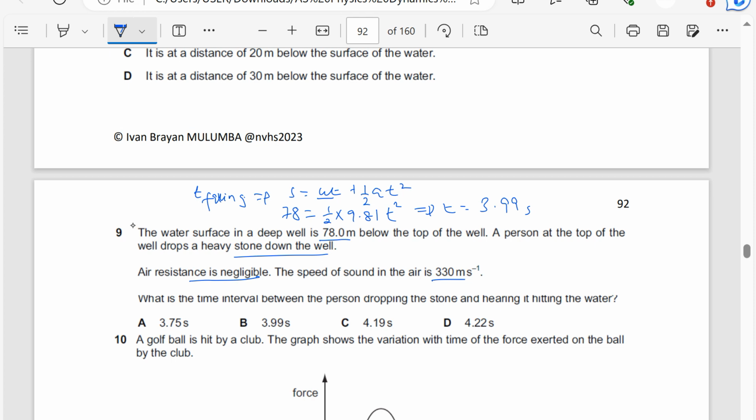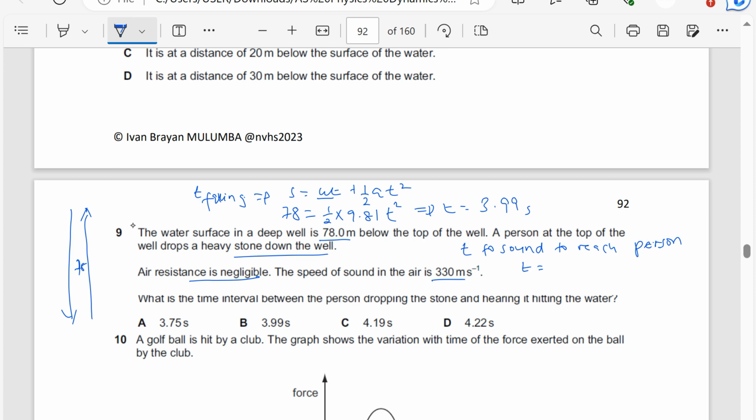Then, of course, it falls to the bottom, and then the sound must return. So, although the distance remains the same, 78, the speed is changing. So, time for sound to reach the person. The time is going to be distance over speed, because the speed is constant.